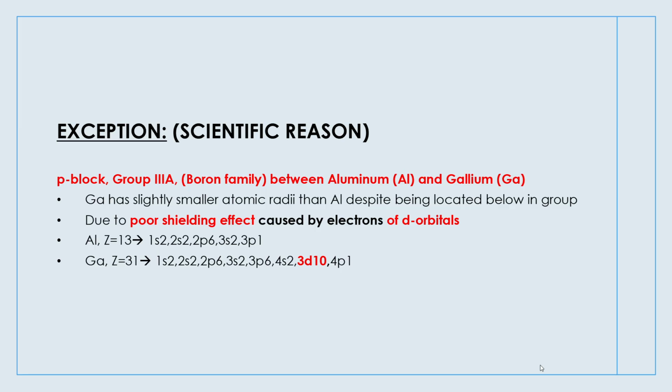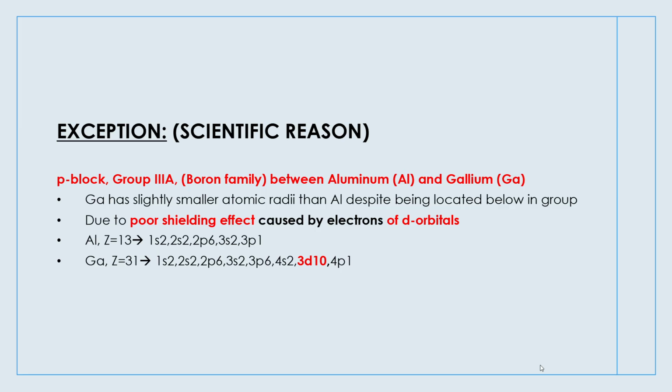How you get this question in your examination is that mostly you get a question of 4 marks in inorganic chemistry in which you have to describe the group trend. And in that question you get a choice of the scientific reason in which they ask why gallium has a slightly smaller atomic radius than aluminium. So how will you answer it? You will simply write: due to the poor shielding effect, and that shielding effect is caused by the electrons of the d orbitals.